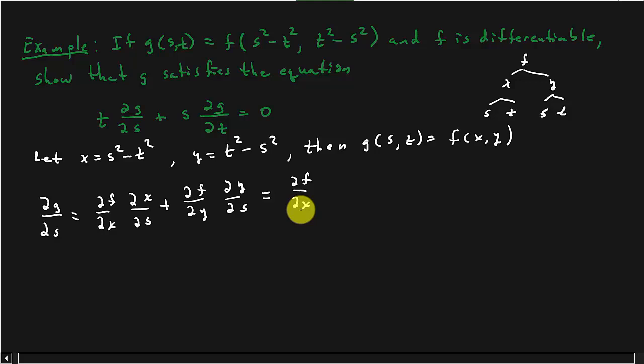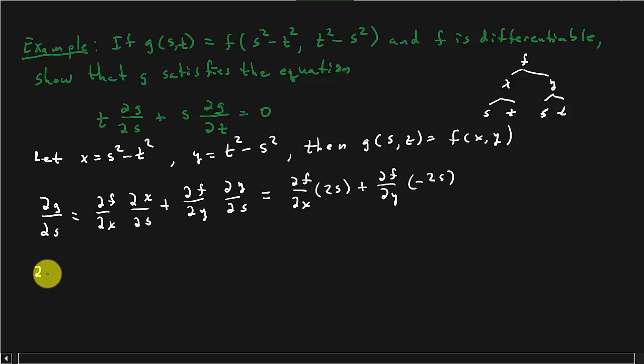So it's partial of f with respect to x times the partial of x with respect to s, so that's times 2s, plus the partial of f with respect to y times the partial of y with respect to s. So partial y with respect to s, that's negative 2s.